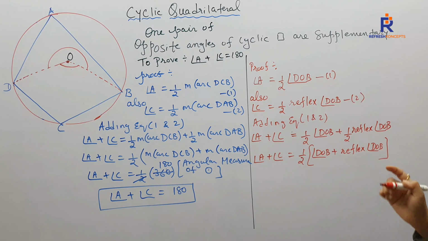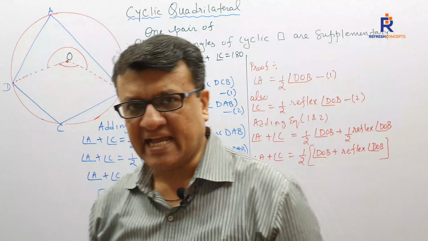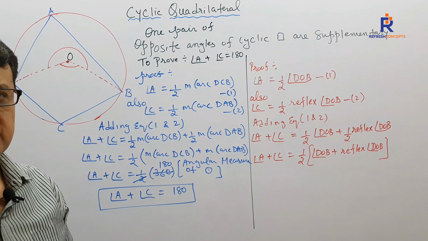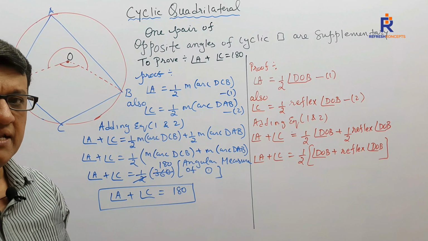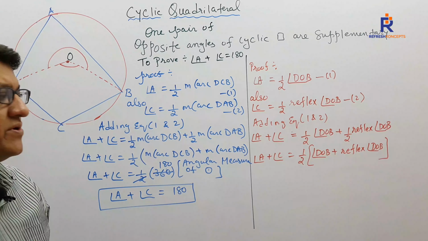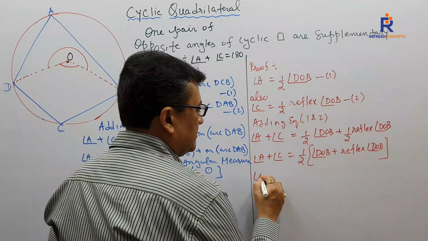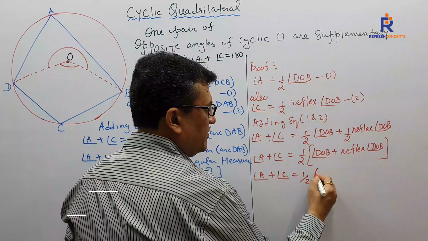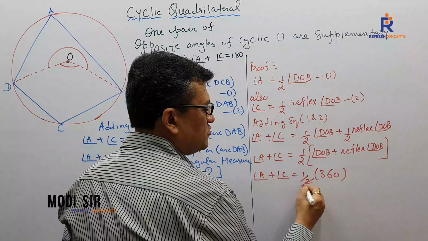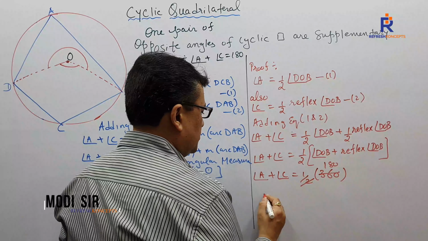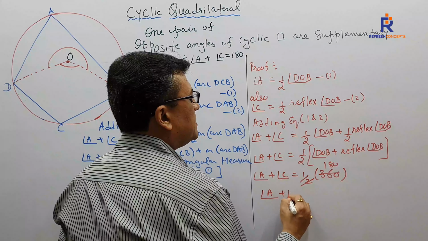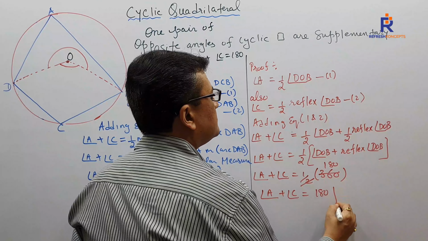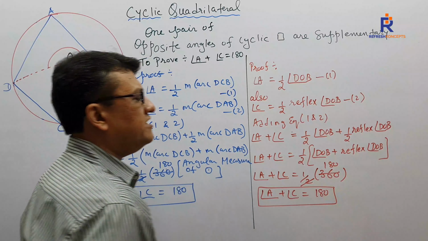Children, an angle and its reflex angle summation is always 360. So angle A plus angle C is half of 360, which is 180. Angle A plus angle C is 180.